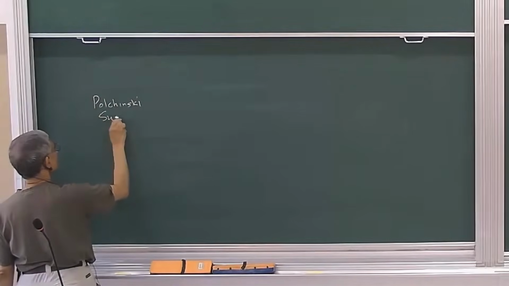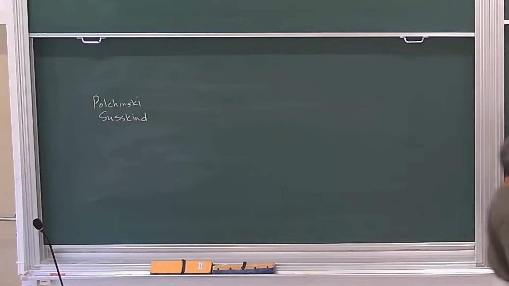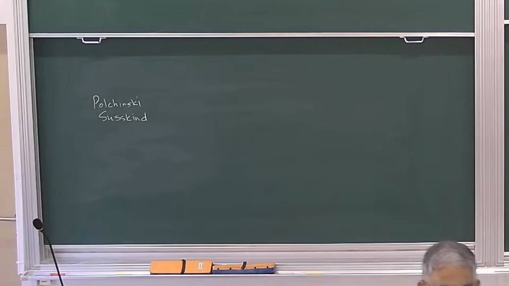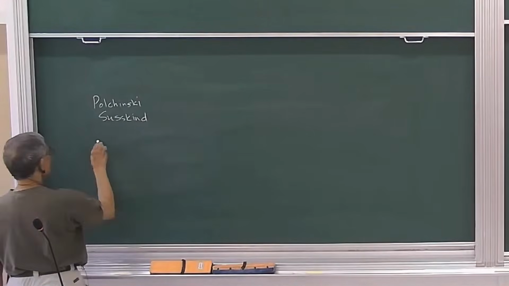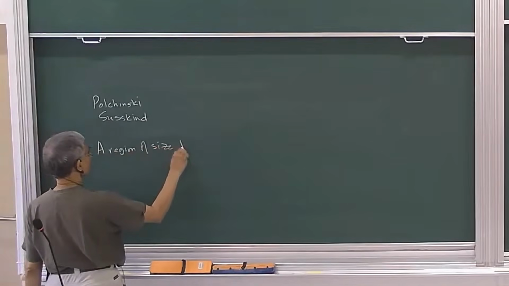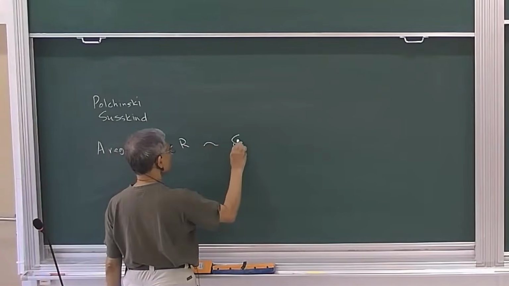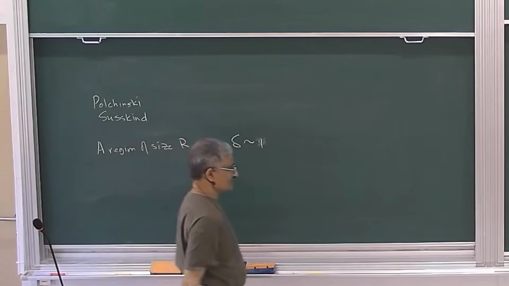Okay. So this is okay, but then in another set of papers by, I think, Polchinski and then Susskind, completely realizing that this is really a wild extrapolation, the idea is to apply this to a region of AdS space which is of the size R_AdS. If you work through the various formulas, a region of size R_AdS actually corresponds to delta very small. Delta equal to 1, in fact. It's order 1.